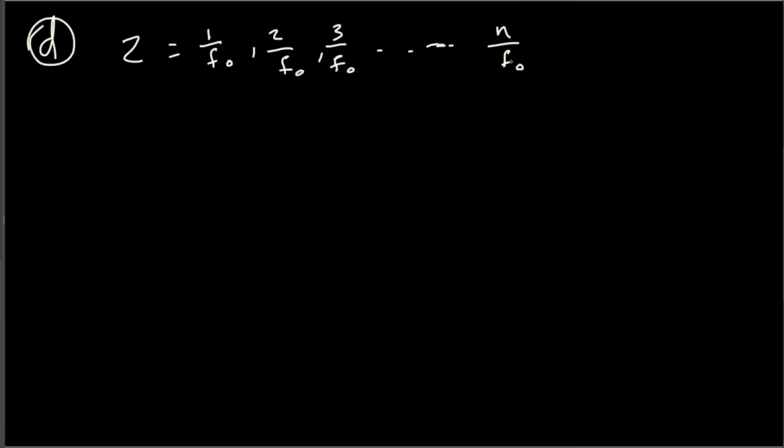So it means the Rx of tau is equal to 1 doesn't depend on tau. It doesn't matter what tau has, but Rx of tau is going to be just 1 anyway. So that is uncorrelated, and Rx of tau is equal to 1 for tau equal to n over f naught.